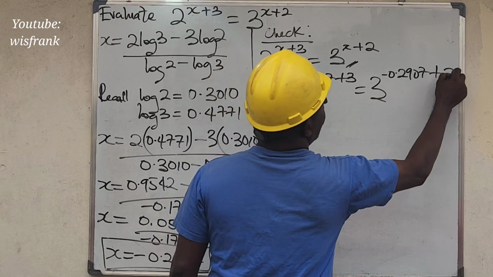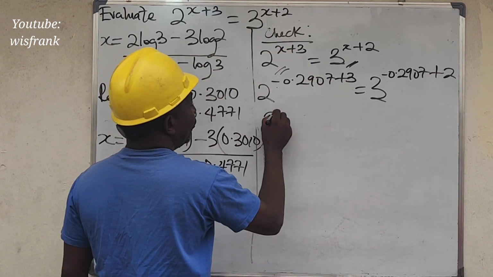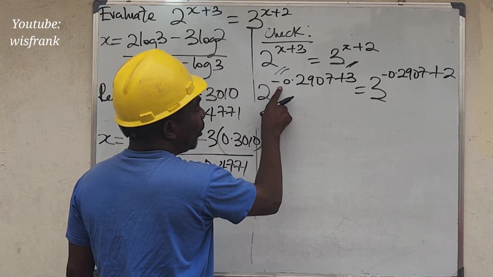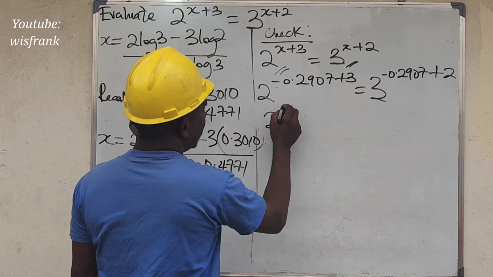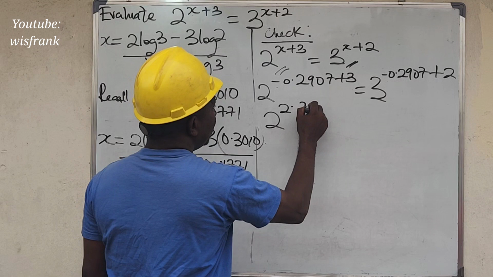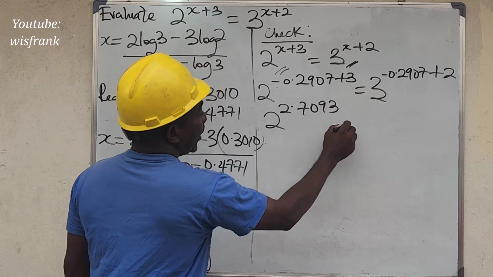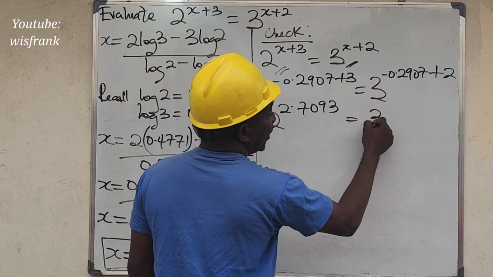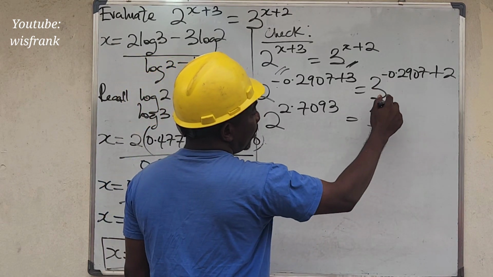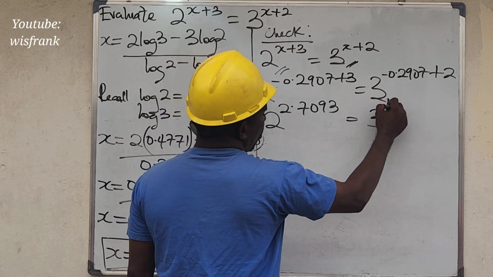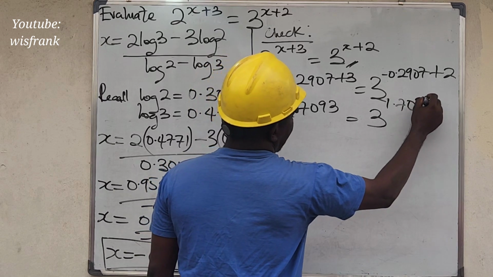So when we add this, we have 2 to the power of, when we add minus 0.2907 plus 3, it will give us 2.7093. Then we have 3 to the power of, when we add minus 0.2907 plus 2, that will give us 1.7093.